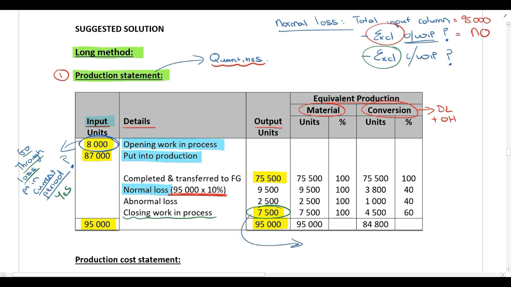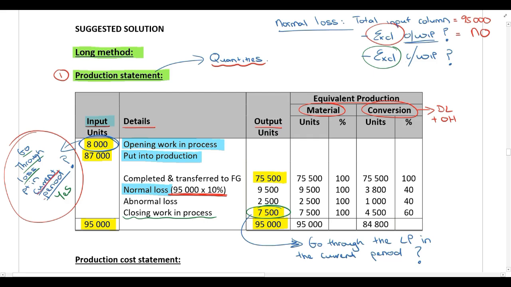These 7,500 units, do they go through the loss point in the current period? It's the same question I asked over here, guys. Do these units go through the loss point in the current period? Look at your diagram.